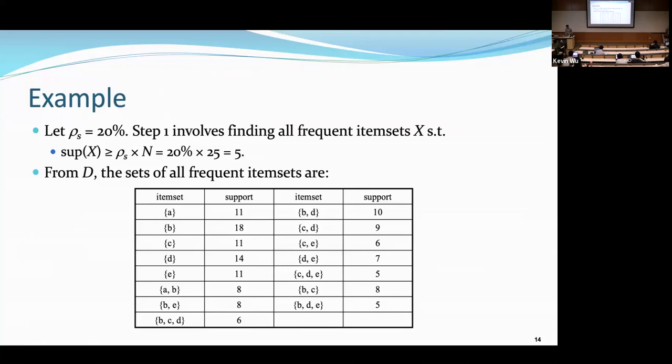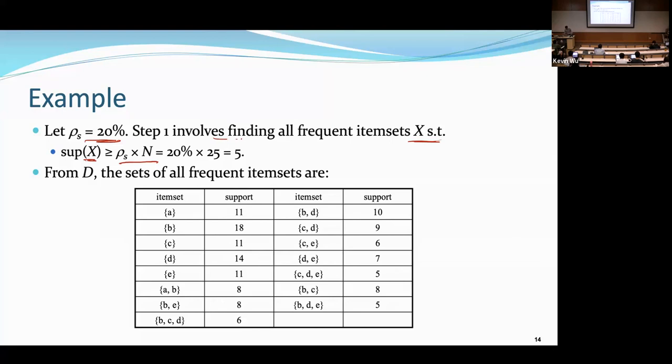Now, again, I'm going to use a running example to illustrate. Here, let me set the support threshold to be 20% again. In practice, you don't have such a big support threshold, but just for illustration purposes, let's say rho S is 20%. So step one involves finding all the frequent item sets X such that the support count of X is at least this value.